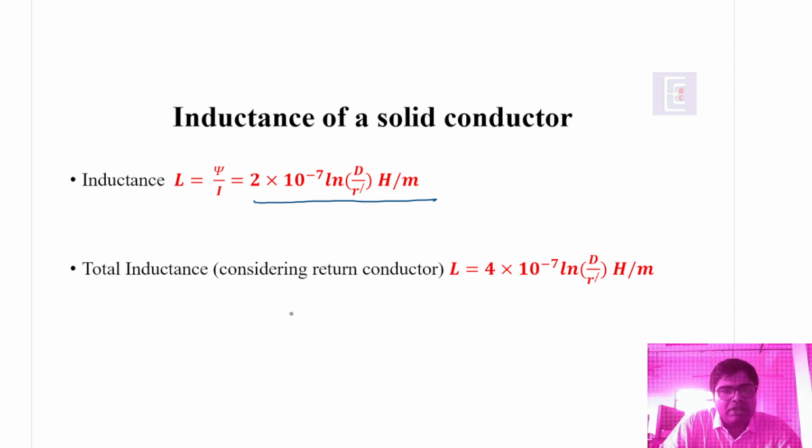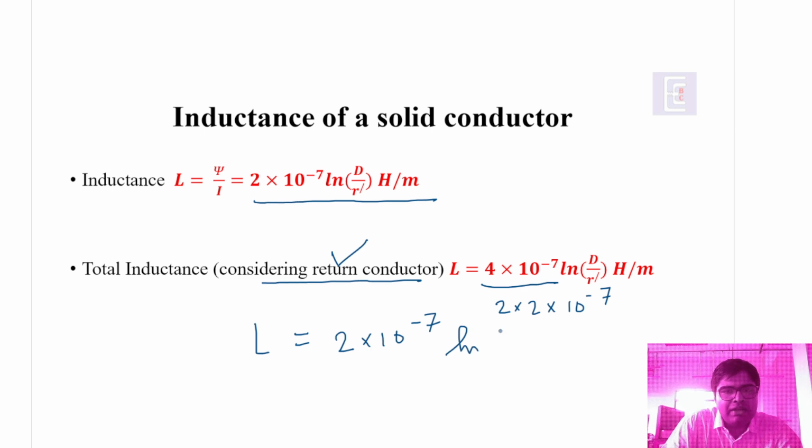Now if you consider the return conductor, this formula becomes 4 into 10 to the power minus 7, so it is double. So in a nutshell, inductance is found to be 2 into 10 to the power minus 7 ln d by r dash.